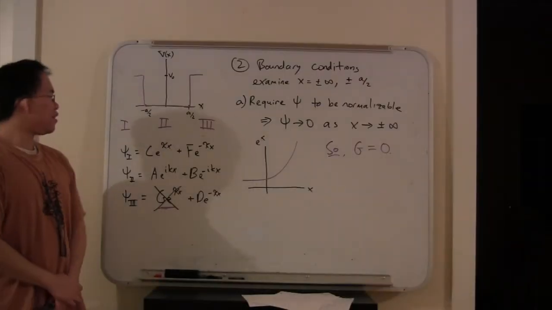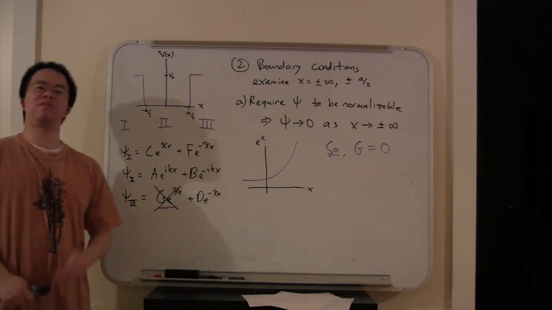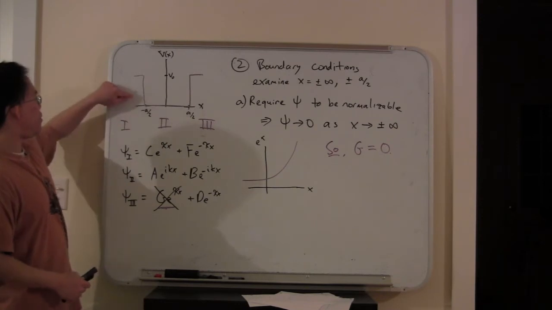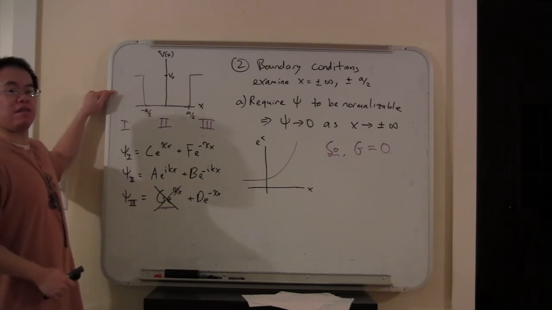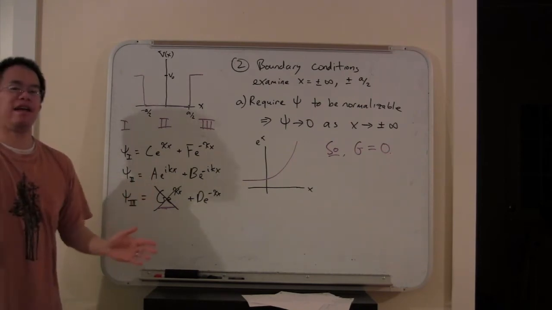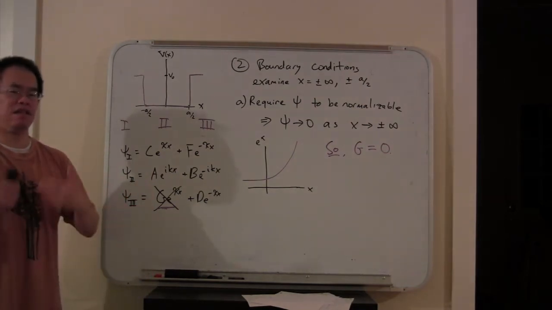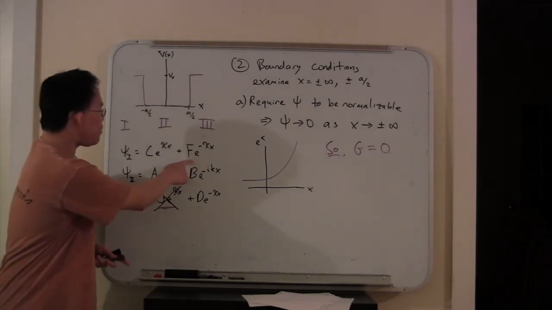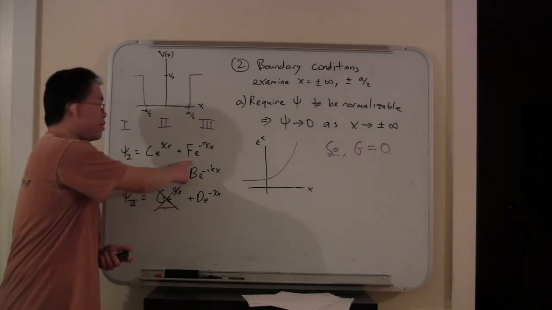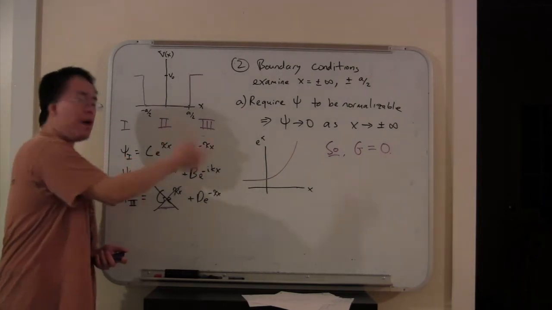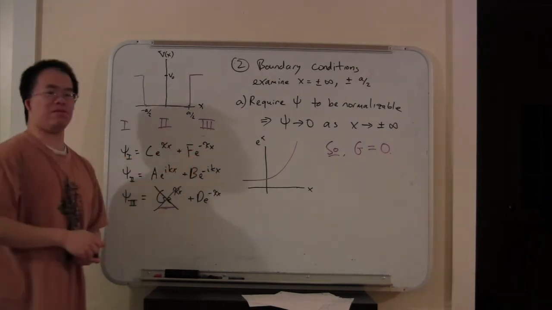So hopefully you've had the chance to think about this, so we can apply a similar argument. If x now approaches minus infinity here in region 1, once again, we want to reject anything that goes like e to some positive number. This time it's this term that's the problem, because if x is negative, minus kappa x is positive, and then this term blows up.